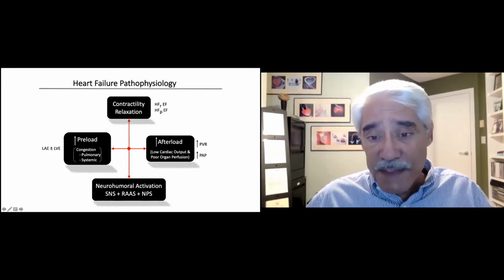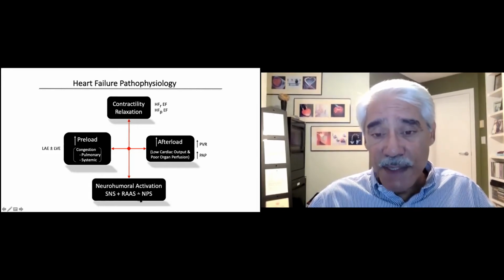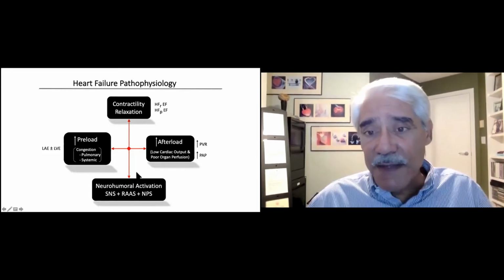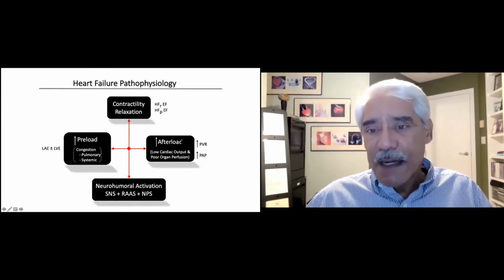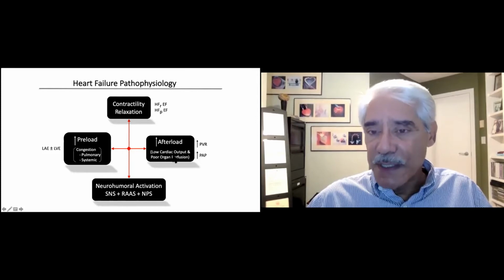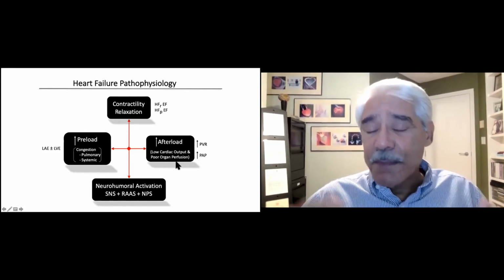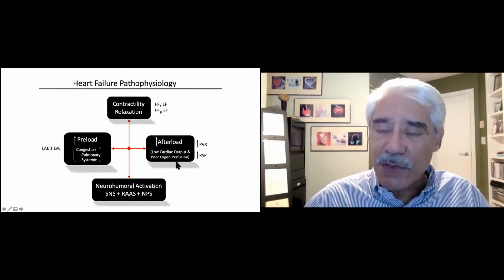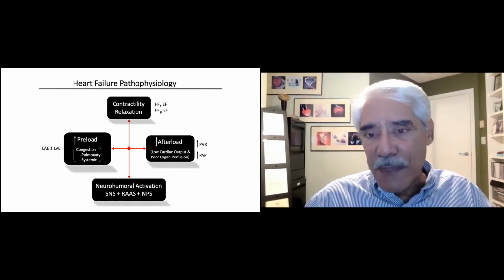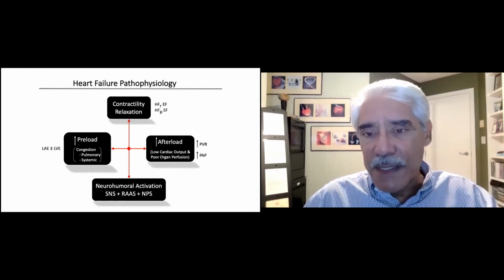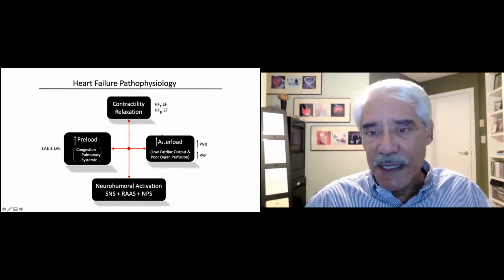And it activates the neurohumeral system. As I explained to you, there are 3 systems that are activated, and the hemodynamic consequences of that are an increase in afterload, which decreases cardiac output further, poor organ perfusion, and the patient has symptoms of exercise intolerance and fatigue and feeling of inadequate ability to do his activity.